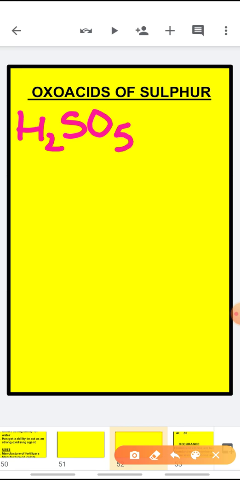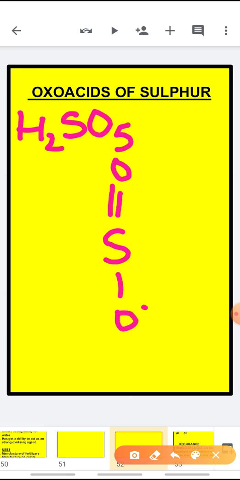Now in H2SO5, sulfur is present in the center, double bond O, single bond OH. Now 1 sulfur, 1 oxygen and 1 hydrogen are used, 1 more oxygen and hydrogen are left. Now what else is left? Out of 5 oxygens, 1, 2, 3 are used, plus 2 oxygens more are left.